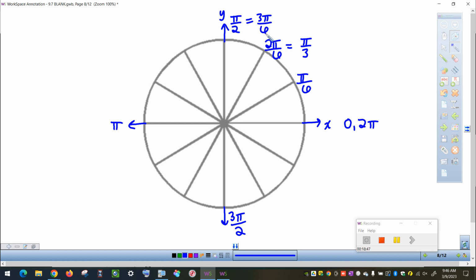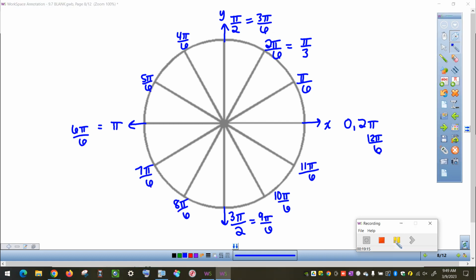Not surprising, because that simplifies down to be 1 pi over 2. Continuing to think about counting up by pi over 6, I want you to go ahead and label the rest of the angles. If you're not able to simplify it, you can leave the denominator as 6, but otherwise, each one that you write out, think, okay, can this be simplified? And then I'd like you to reduce it down.